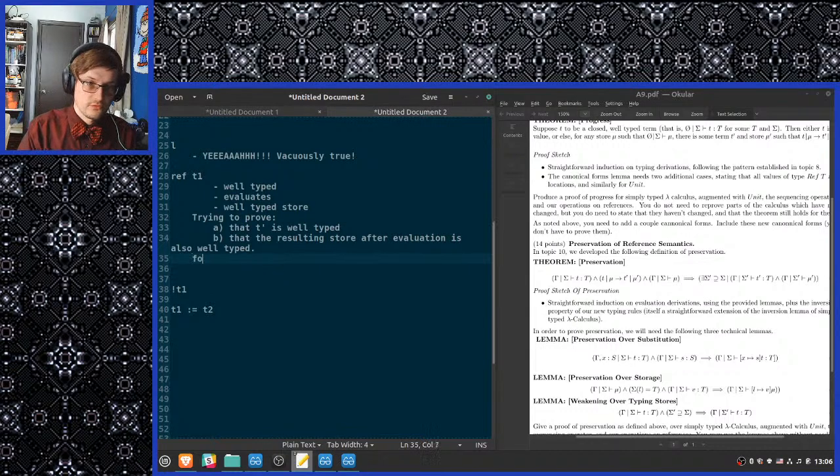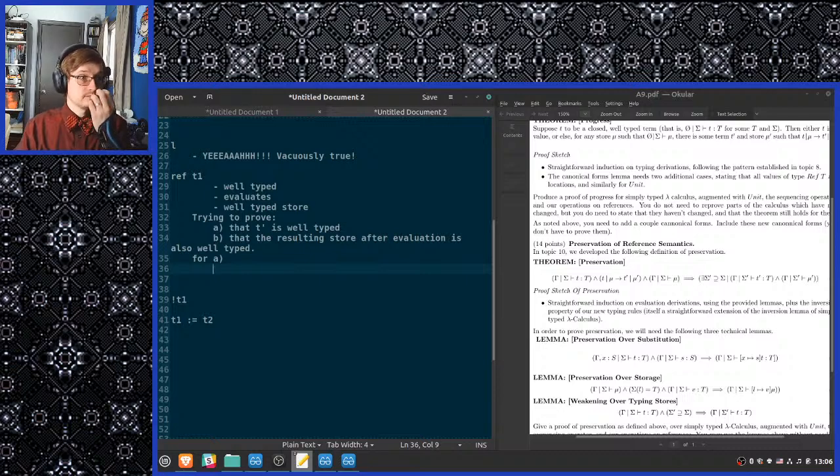So, for A, first of all, you can apply the inversion lemma, right? So we know that it's well-typed as ref T1, for some type T1, where T1 is typed T1, right?